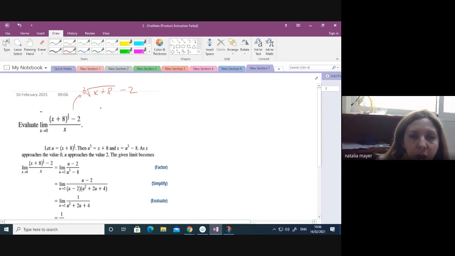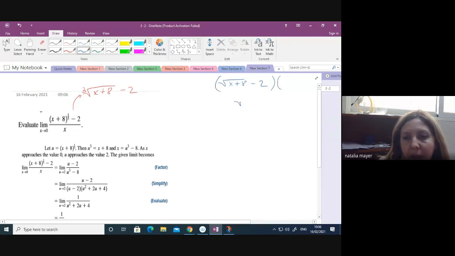Root, not the square root. Yes. Yes, thank you, Lila. Good. So for those who didn't understand what Lila said, we used to have square root of x plus 8 minus 2. The square root, if we apply the conjugate, right, which means that we are going to square this.